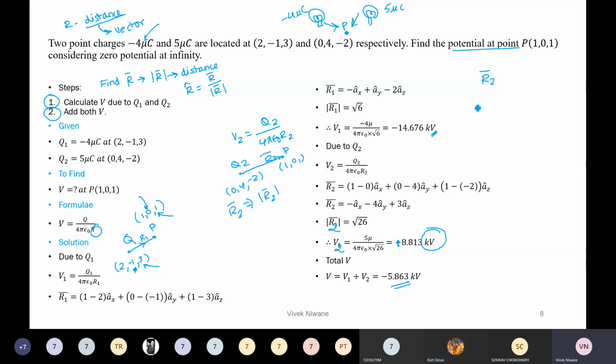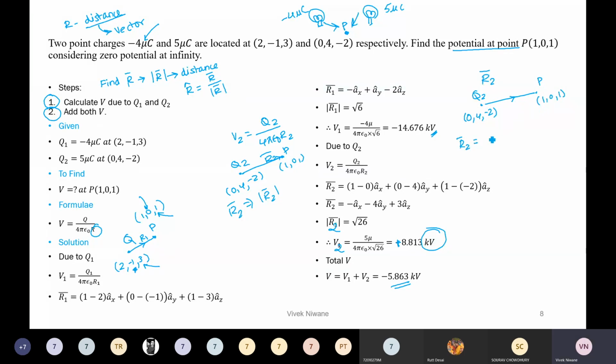If we take an example of R2, I will write it once again, and probably this is the last time I am finding a vector for the students. P is at (1, 0, 1). The direction of the vector is always towards the observation point. So how will the expression for R2 bar come?